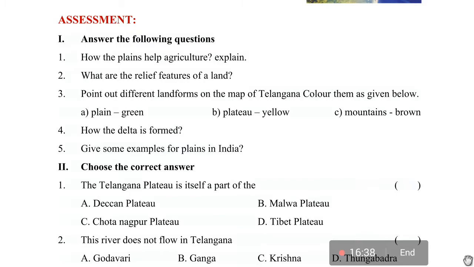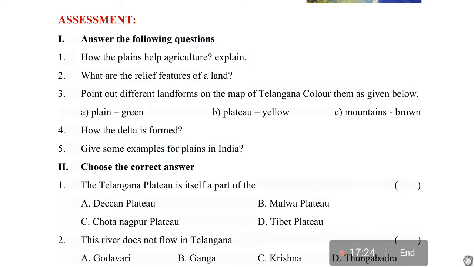They also support grasslands which provide good grazing for livestock. For agriculture, water is required. These plains, deposited by sediments and sand, have very fertile soil, which is very useful for cultivating crops.